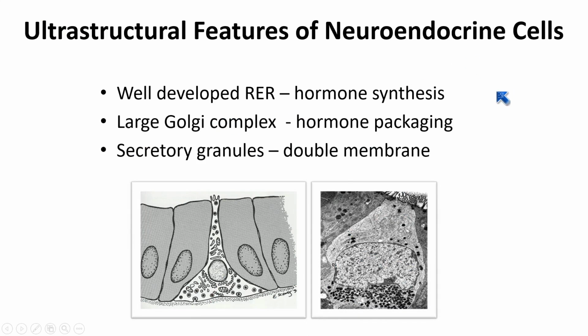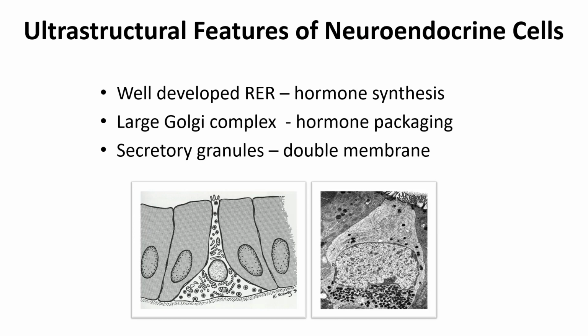These are cells basically that are all extremely similar structurally and functionally, except they make different final products. What they do is they take up amines and they convert them into peptide hormones. They have very well-developed rough endoplasmic reticulum to make these hormones.